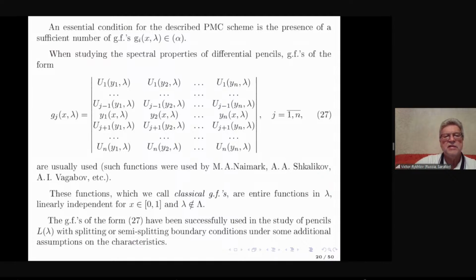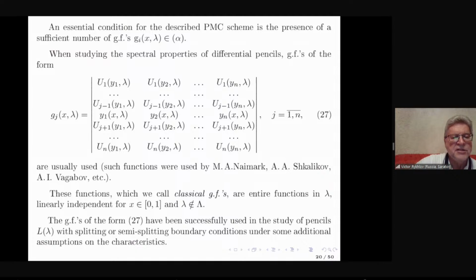When studying the spectral properties of differential pencils, generating functions of the form 27 are usually used. Such functions were used by Naimark, Shkalikov, Vagabov, and so on. These functions, which we call classical generating functions, are entire functions in lambda, linearly independent for x belonging to 0, 1, and lambda not in the spectrum.